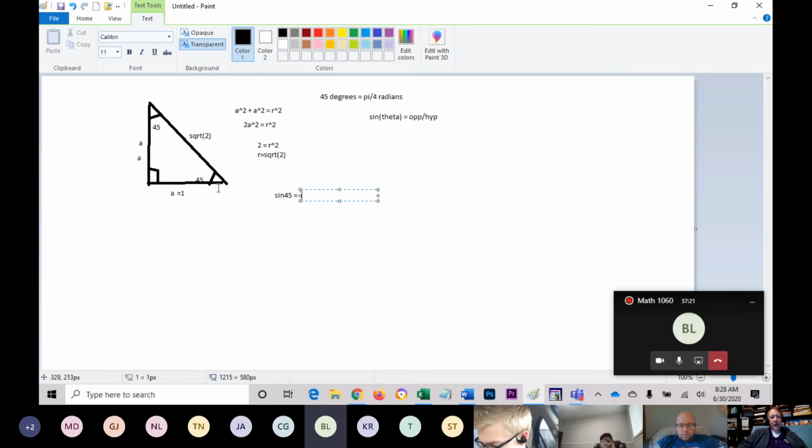Okay, so if this is my 45 here, sine of this angle here is going to be the opposite. What's this opposite side length? A. Yeah, but we said A was 1, right? So 1 divided by, what's the hypotenuse? The square root of 2.